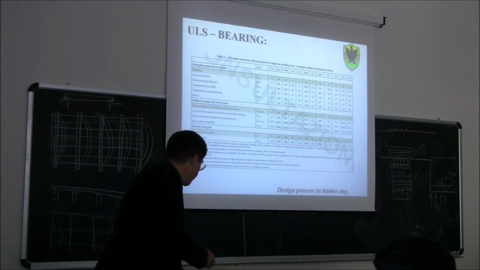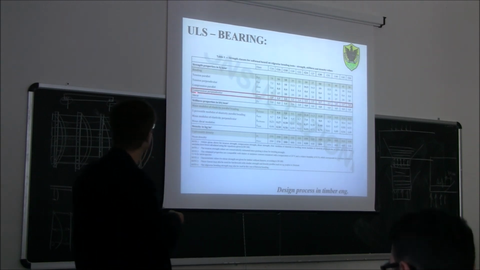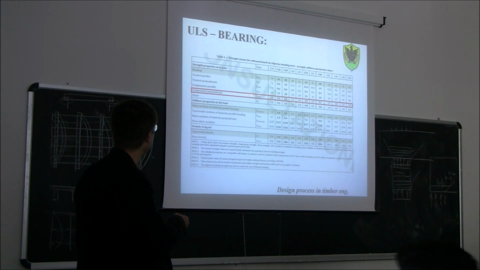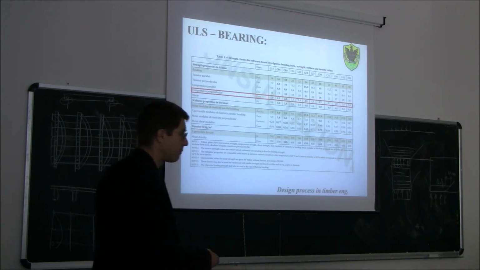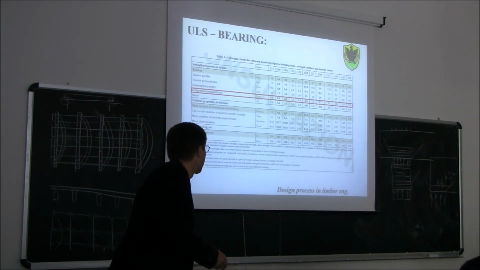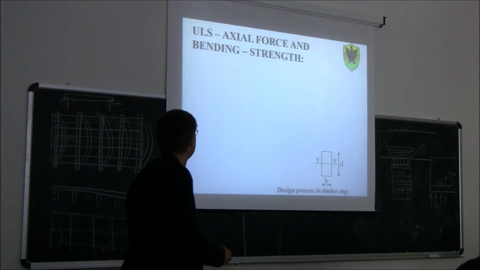In this case, we need to take the compression strength perpendicular to the grain, fc90k, from the strength class of the timber.